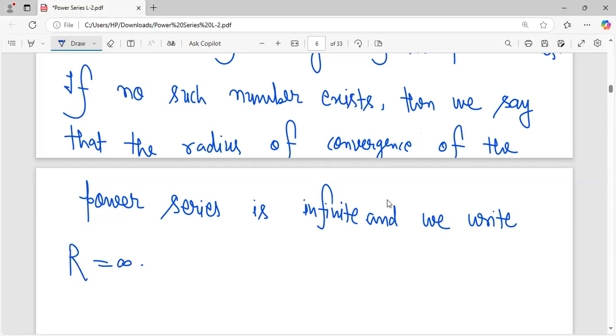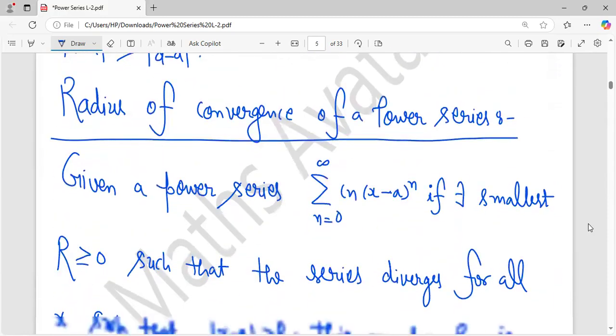Because R is the radius of convergence, if no such number exists, we say R is equal to infinity. The radius of convergence is infinity.